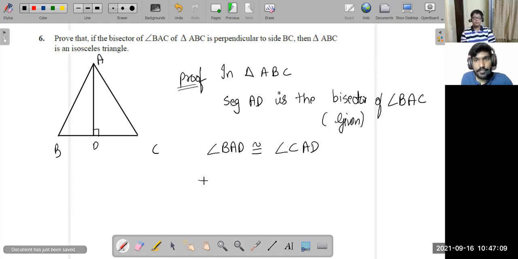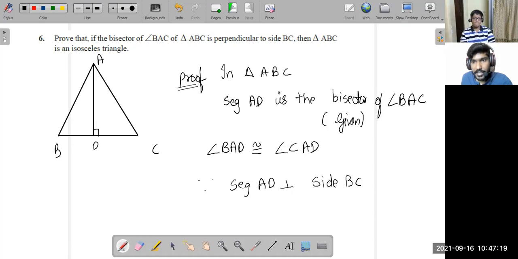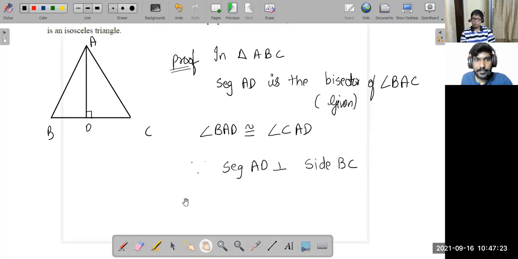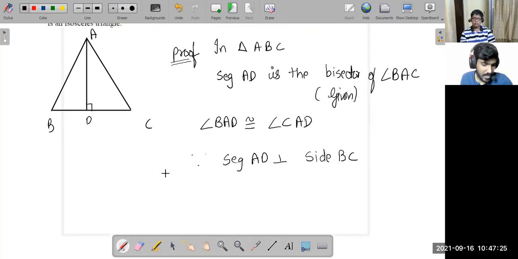Now also, since segment AD is perpendicular to side BC, this is given. AD perpendicular to side BC, this is given. So angle ADC, how much will it be? ADC, look in the figure.